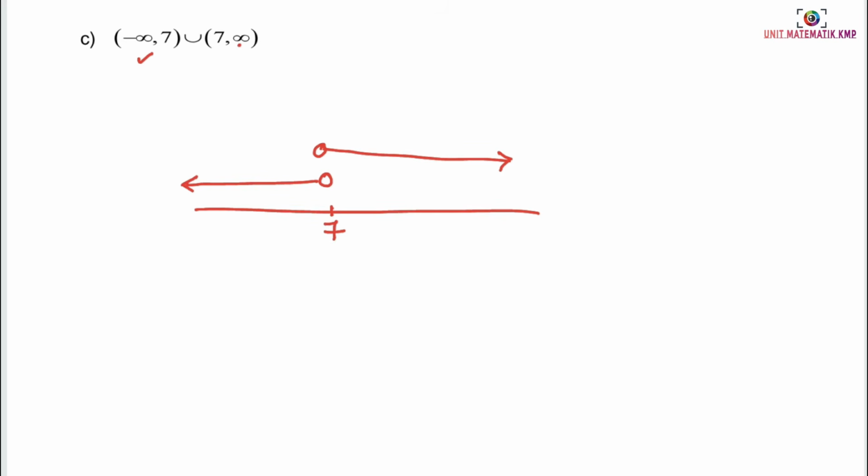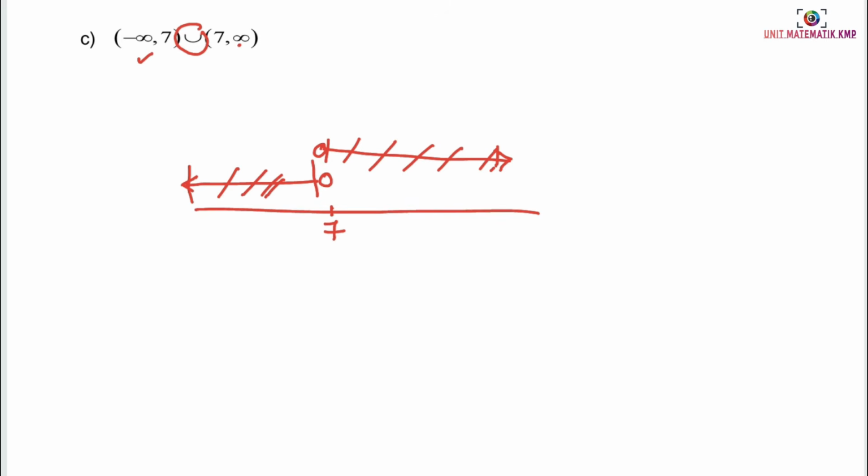So what's the solution? Okay, we go to the relation here. The sign is union. From the diagram, the solution is from -infinity to 7 and from 7 to +infinity.